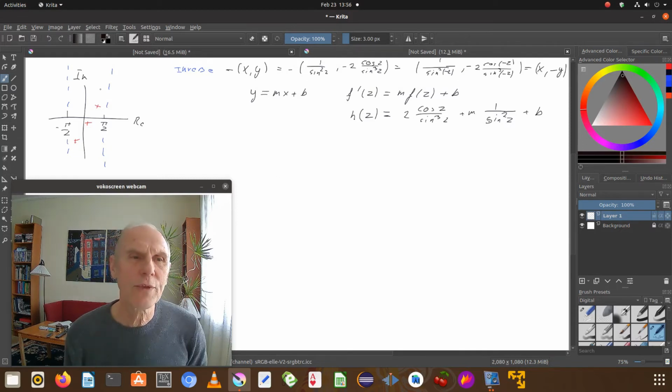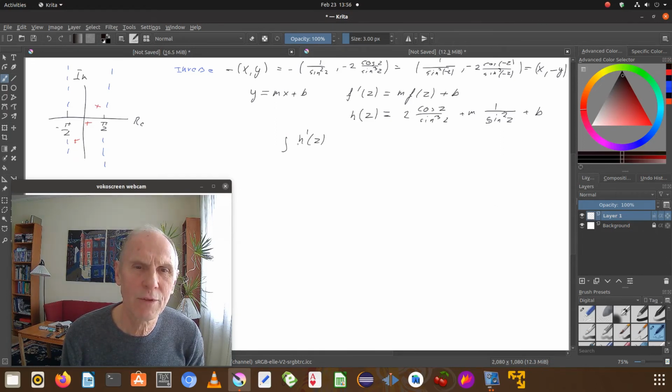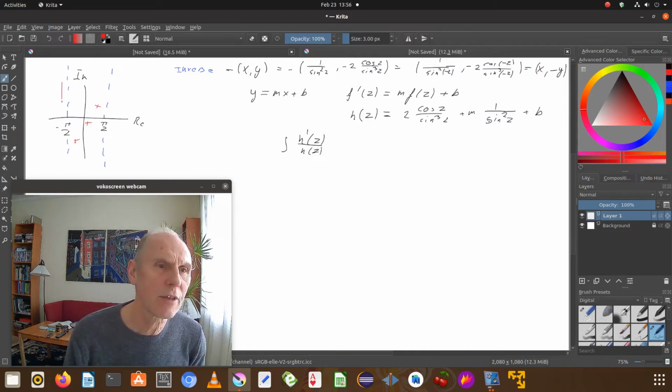The first thing is that it's the sum of the poles and the zeros. We get that by taking the integral of its derivative divided by h of z, and then around a curve that goes, for instance, like this.